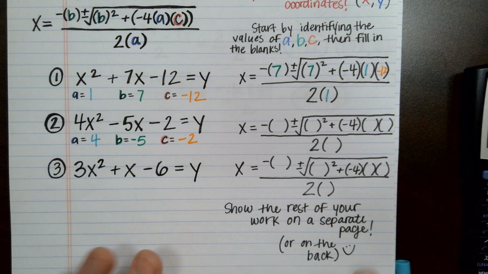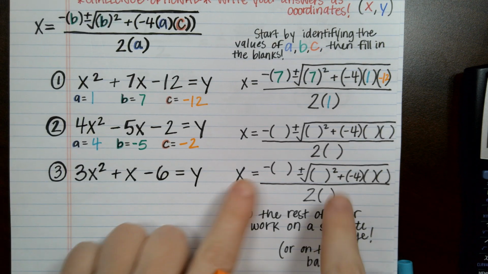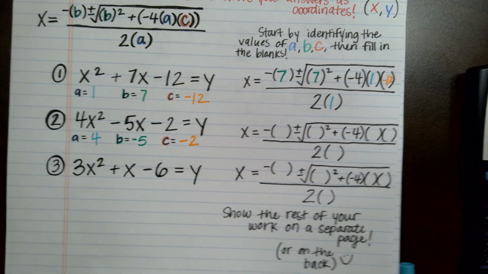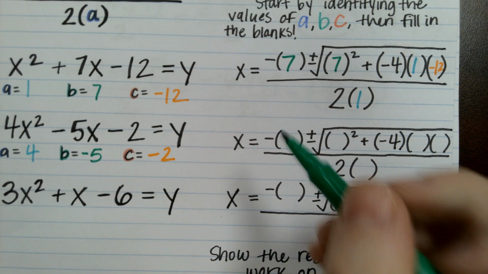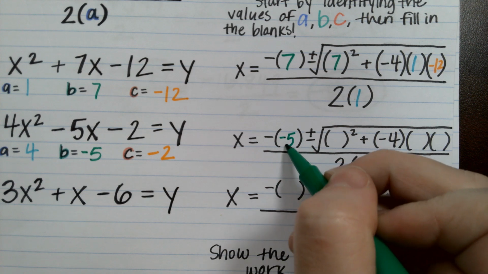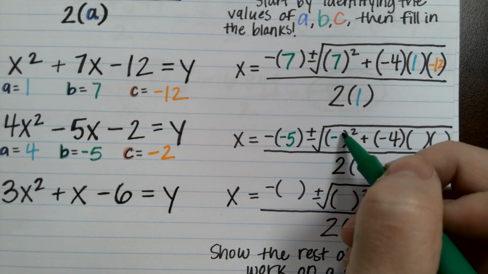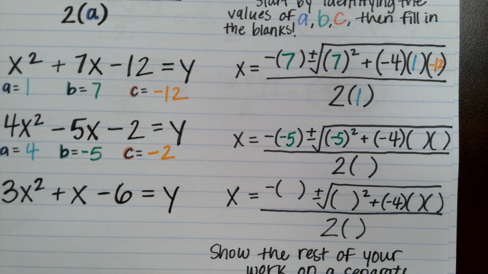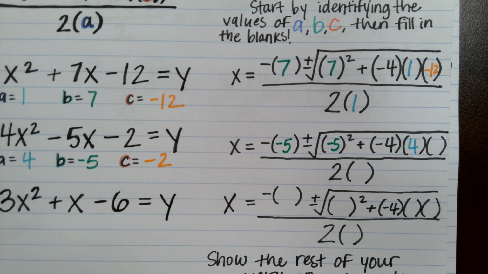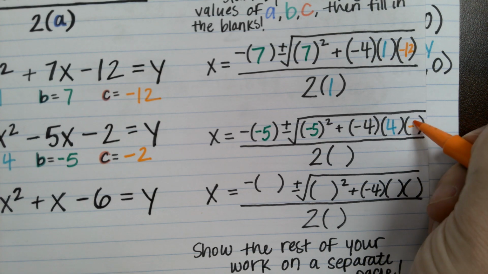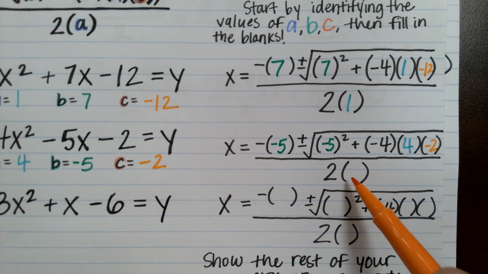So let's plug these values into our quadratic formula. -5. Good. -5, and then what? My A is 4. -2. And what's my last one? 4. 2A.